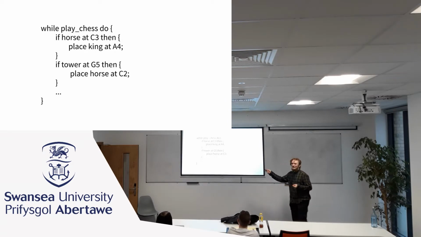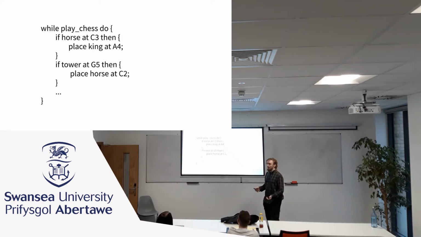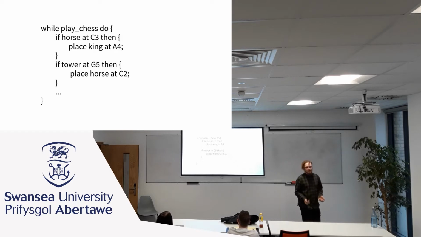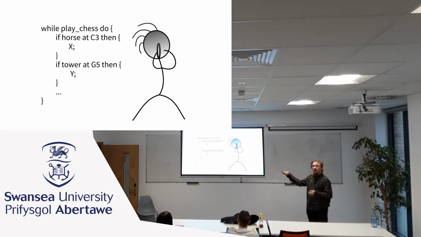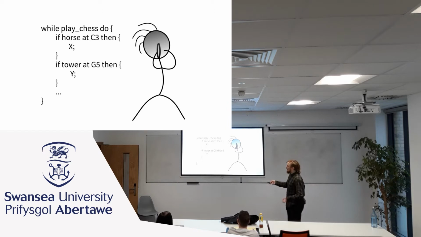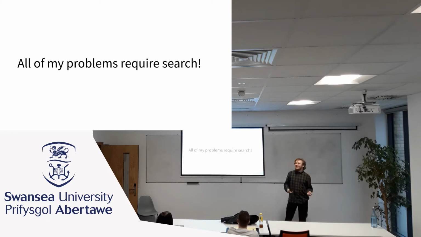I mean, this is a bad chess computer, but essentially at every state of the board, it knows exactly what to do. However, in real-world tasks, this looks a bit more like this one. So we are adding holes into the code, and we kind of want the computer to figure out what the right next move would be. And because this is an arbitrary part of the code that we can remove, that should be placed in there, this is what makes this problem so ubiquitous. So for computer science, essentially all our problems require search to be solved.